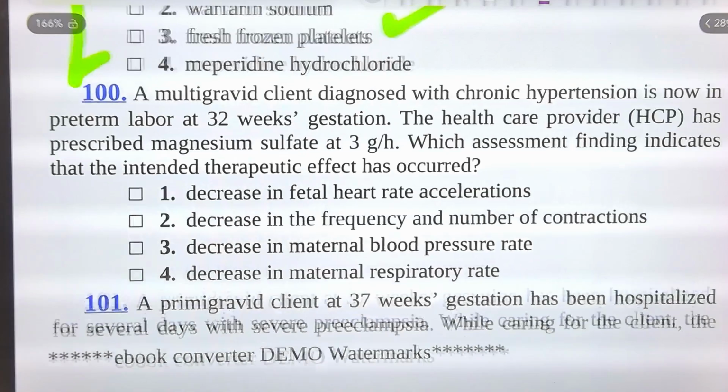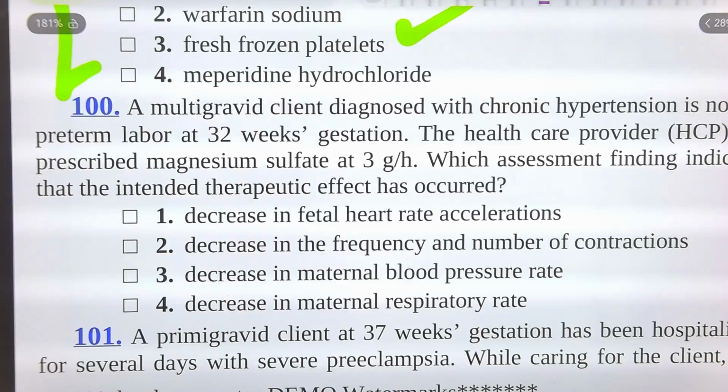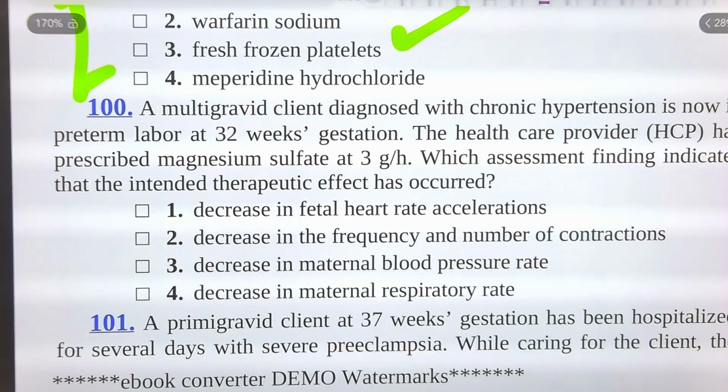Now last question, that is 100. A multigravid client diagnosed with chronic hypertension is now in preterm labor at 32 weeks gestation. The HCP has prescribed magnesium sulfate at 3 gram per hour. Which assessment findings indicate the intended therapeutic effect occurs? तो मैग्नीशियम सल्फेट से हमको क्या थेरेपेटिक इफेक्ट देखने को मिलेगा?